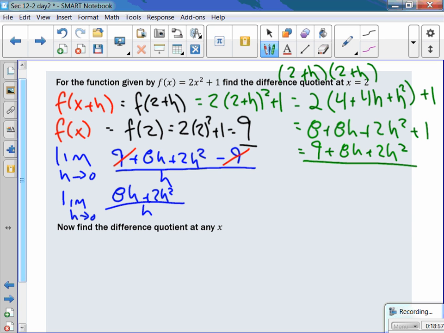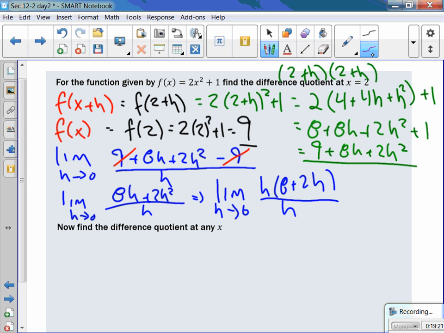Factor out the h. That's the reason why we factor out the h, folks. So now I'm left with what?